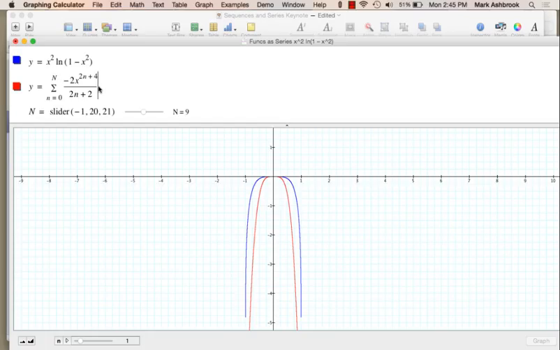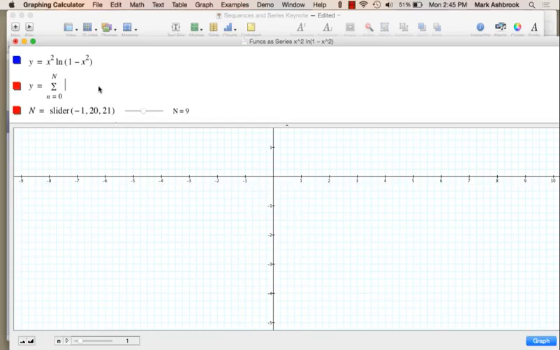So I'll have to see if maybe there's something in the way that I'm entering this. Let's just try it a different way here. I'll try -1 divided by, see if this is any better. So is this equivalent? So we had -2 over 2n plus 2, right? And that's the same as -1 over n plus 1. Would you agree?